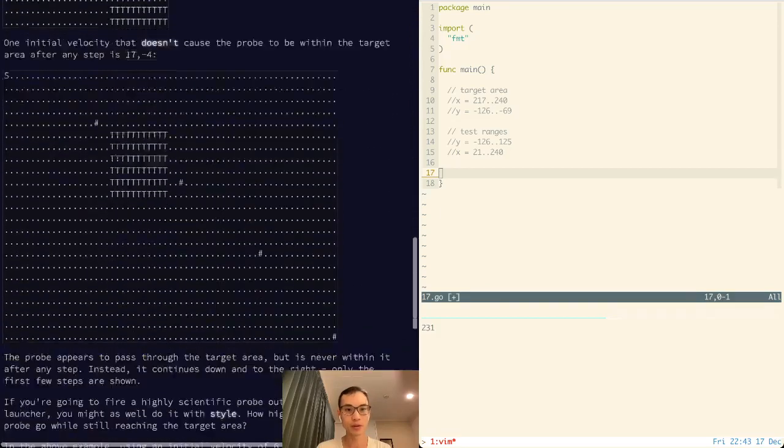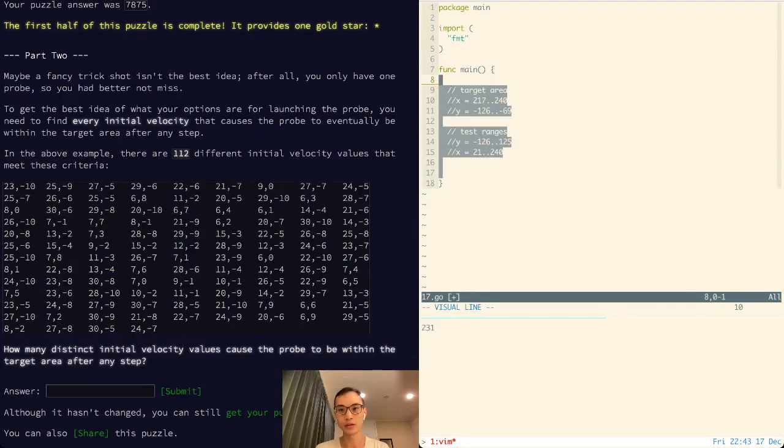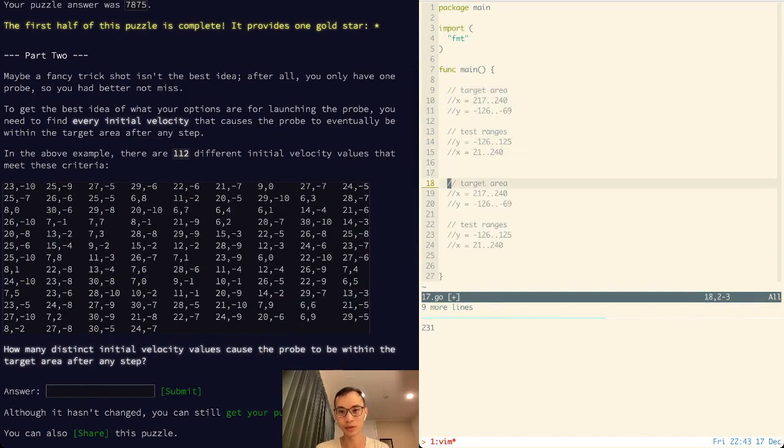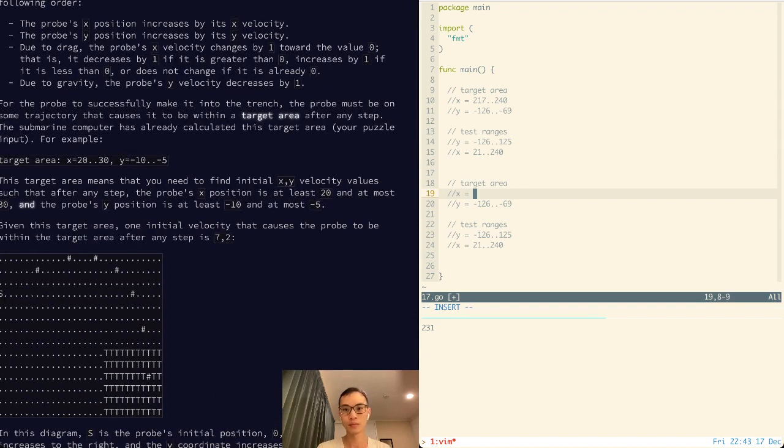If we did the same process, we know that the target area of the example is 20 to 30, and the y is minus 10 to minus 5. So the test ranges in this case would be minus 10 to 9, going up the other way. For x, we know it's at least 6, and we know it's at most 30.